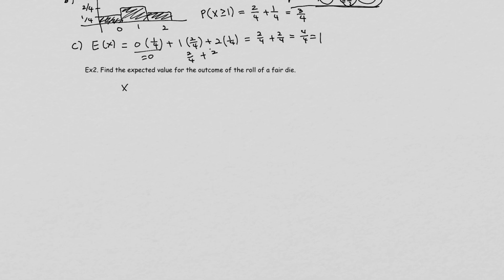When you roll the fair die, you can get 1, 2, 3, 4, 5, or 6. So these are the events. And then we want to find the probability of each so that we can multiply and add all these cases. What's the probability of getting 1? It will be 1 out of 6.